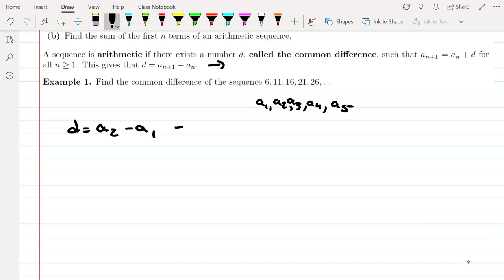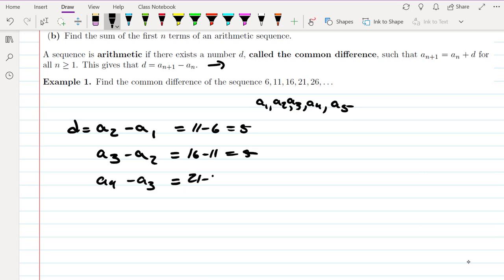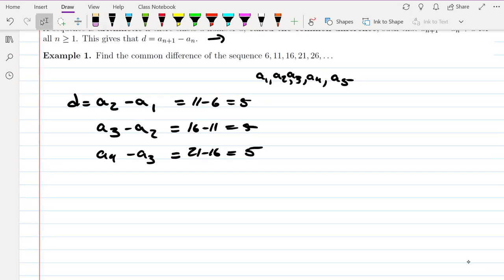So a2 minus a1 is 11 minus 6, which gives us 5. If we do a3 minus a2, that is 16 minus 11, which is also 5. And a4 minus a3 is 21 take away 16, which is also 5, and so forth. That is what it means to be an arithmetic sequence.